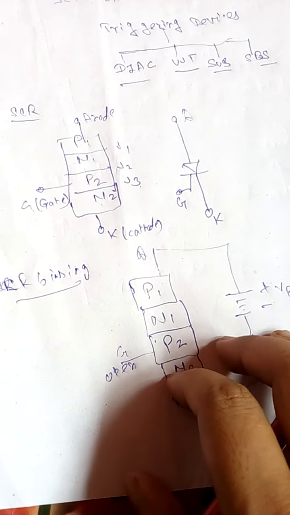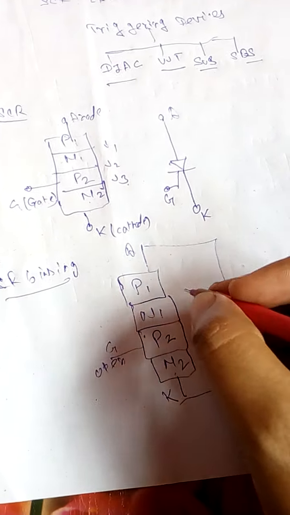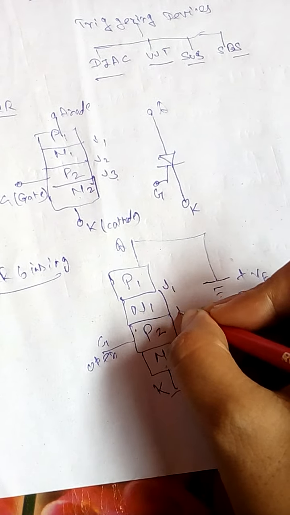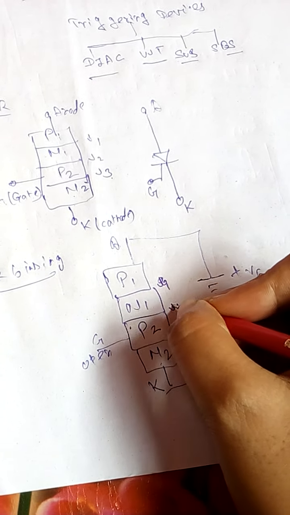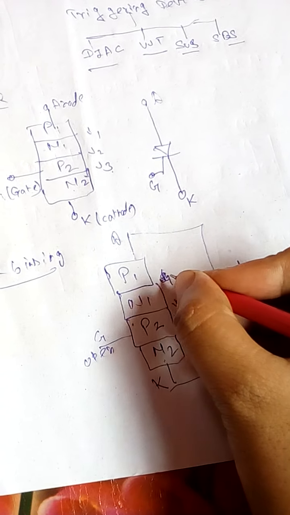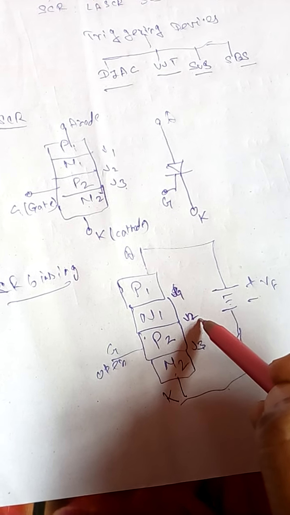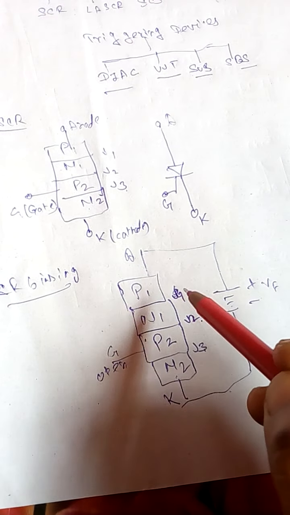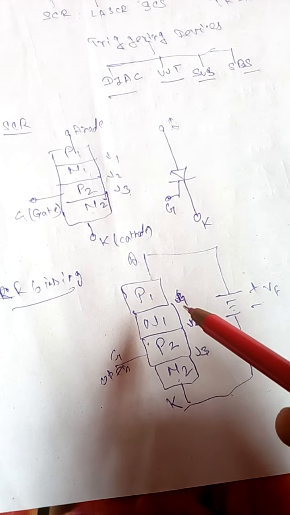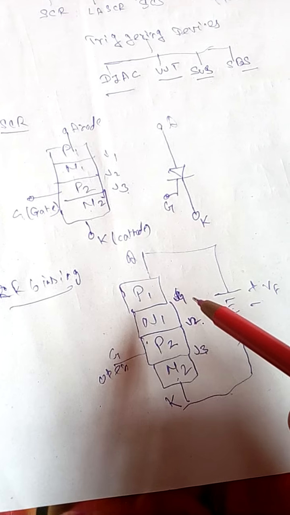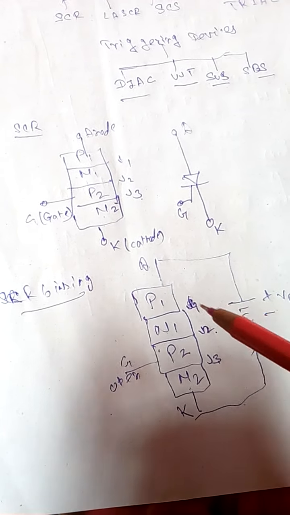So this is forward biasing, and J1 and J3 are forward biased and J2 is reverse biased. So there is no current except leakage current through the SCR. Therefore, the SCR is in the off or normal non-conductive state. Under this condition, the device offers very high resistance, of the value of several mega ohms.